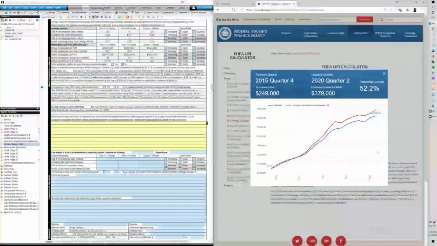Now, keep in mind this is always a secondary form of support. The reason why is that FHFA aggregates data from Fannie Mae, Freddie Mac, HUD, the VA, and they put all that data in, and it provides a general trend in the metro areas throughout the United States. The problem is that not every property follows the same trend.